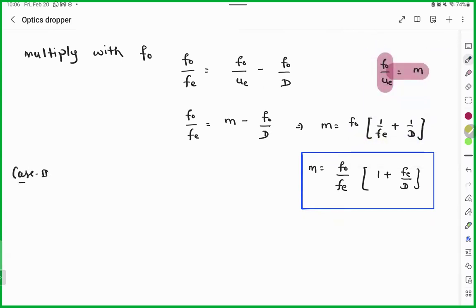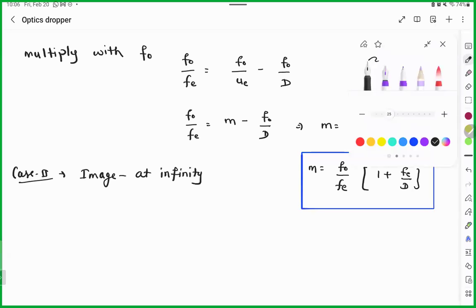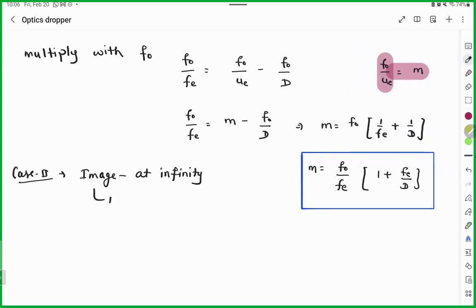When the image is formed at infinity, it is normal adjustment. You will use the words distant object, image at infinity.